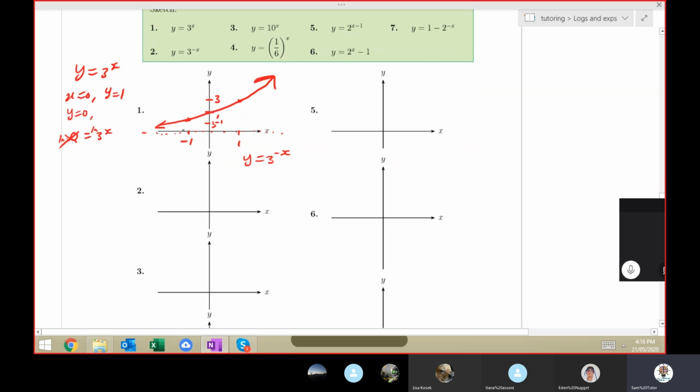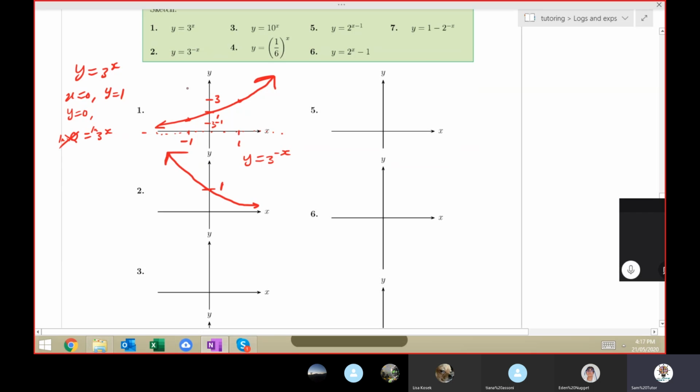And when your x's were negative, with a negative x, it will make them positive. So technically, it's actually a reflection this way. All of these numbers came to this side, and all of these numbers went to this side. That's how I see 3 to the -x.